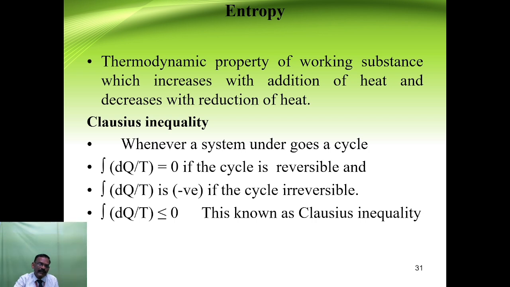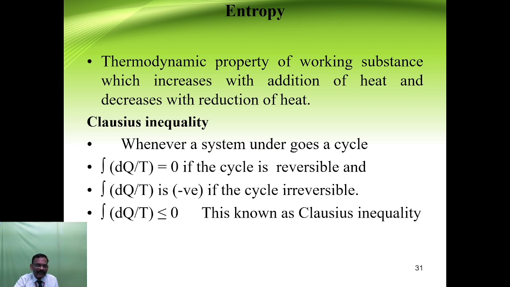Here the Clausius inequality is the continuation of entropy. So it explains whenever a system undergoes a cycle, there are three cases possible. One is reversible, another is irreversible, and the third is not possible. This is the Clausius inequality, that is less than or equal to 0.